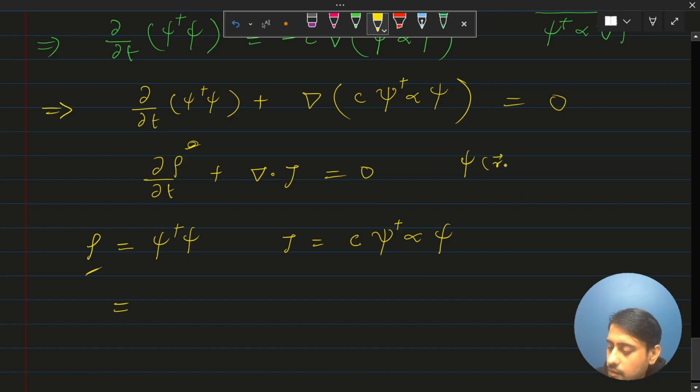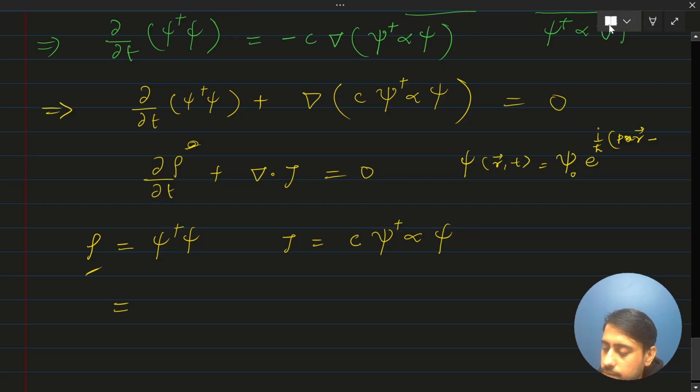Psi(r, t) is given as psi naught times e to the power i over h bar (p dot r minus Et). Let me write clearly.